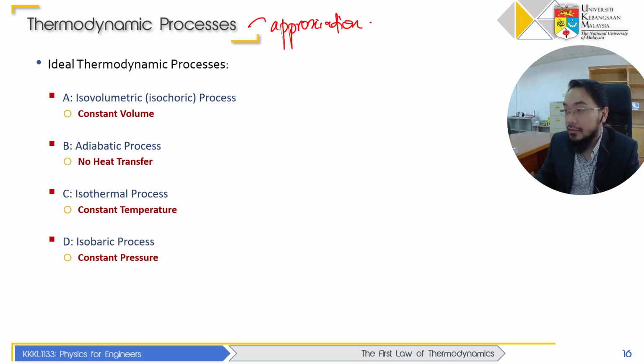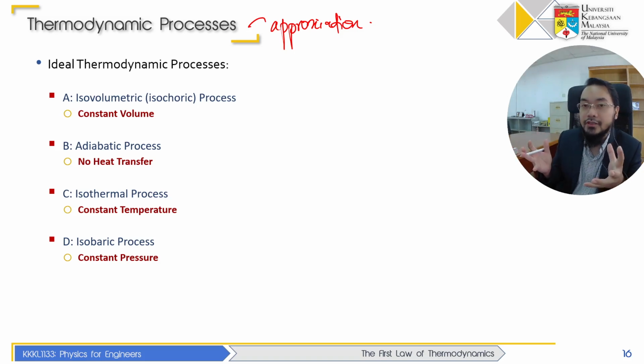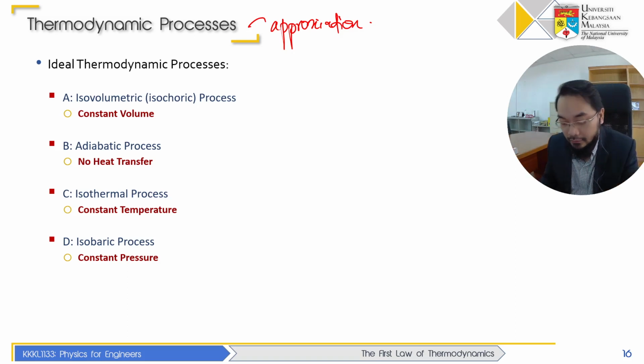For example, if you look inside your car, the internal combustion engine is going through the cycle very fast, so it's very difficult to actually plot the PV diagram and so on. So we need some sort of approximation to describe complex thermodynamic processes and make it easier for us to analyze.